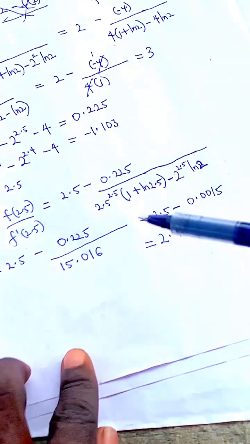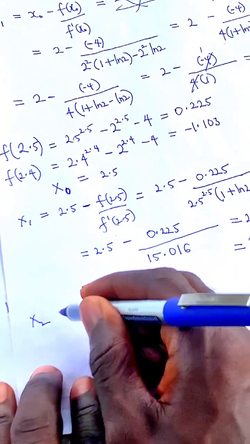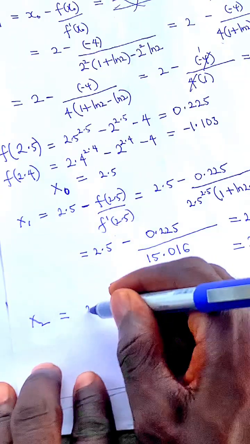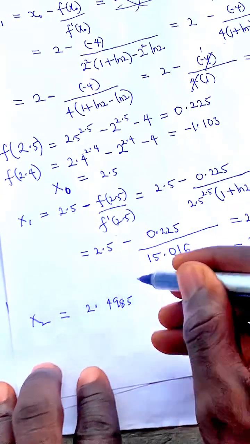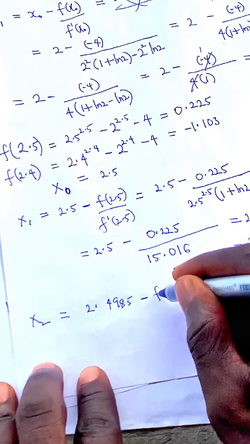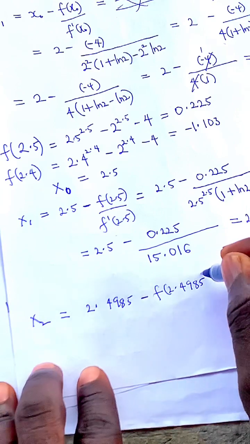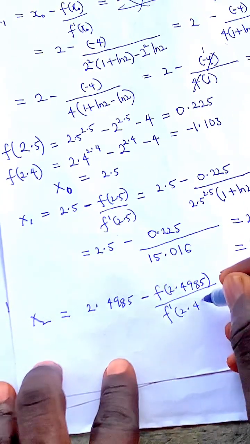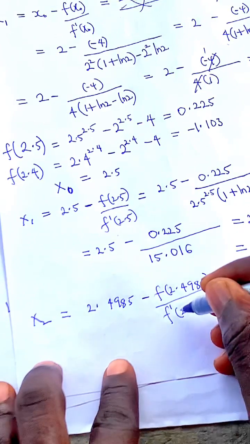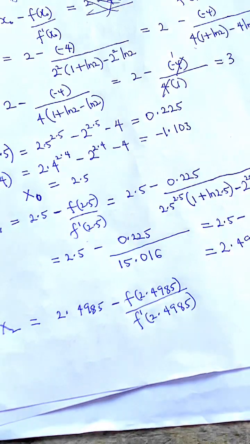And by picking this one now, x2 is equal to 2.4985 minus function of 2.4985 all over f prime of 2.4985. Then you still do the same thing that you did here. All right, let's do it.